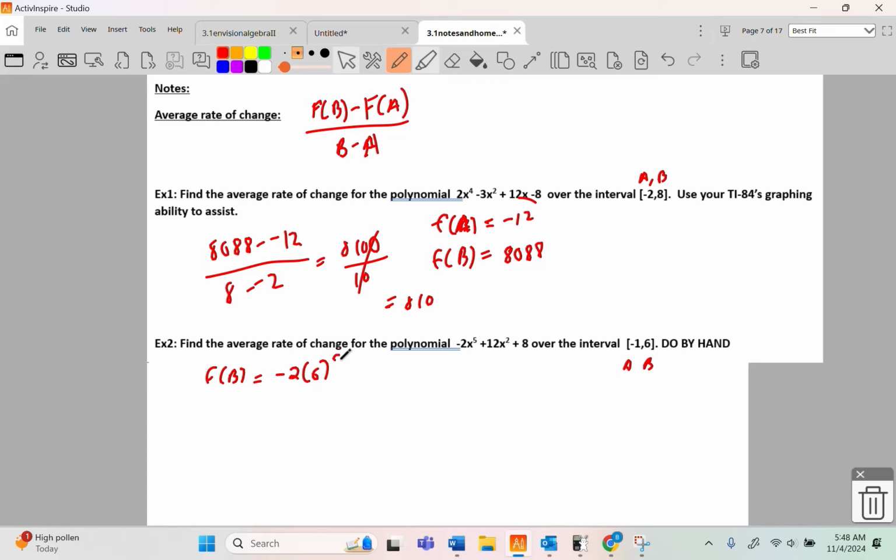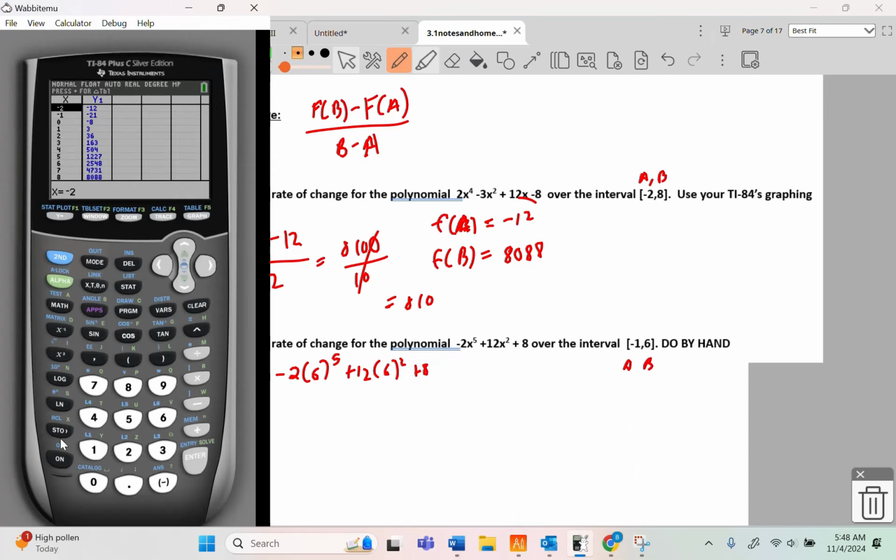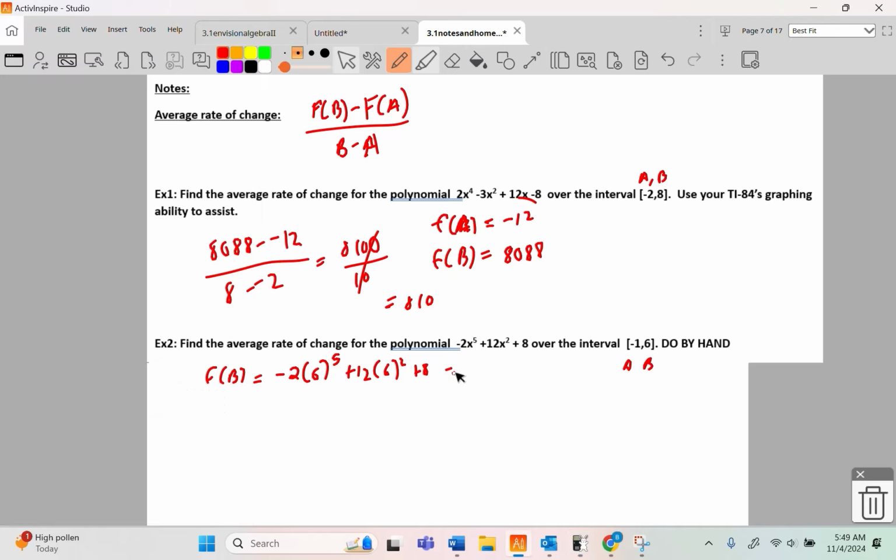I say by hand, we're still going to be pushing buttons in the calculator. Enter. Negative 15,112.